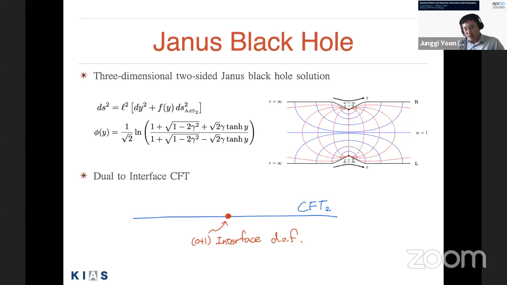Probably here there are many experts on the black hole, so I will not explain the details, but you can consider this as some kind of deformed black hole in 3D. The important thing is that this Janus black hole is dual to an interface CFT, which means that you have a CFT and there is some interface degree of freedom living at x equals 0.